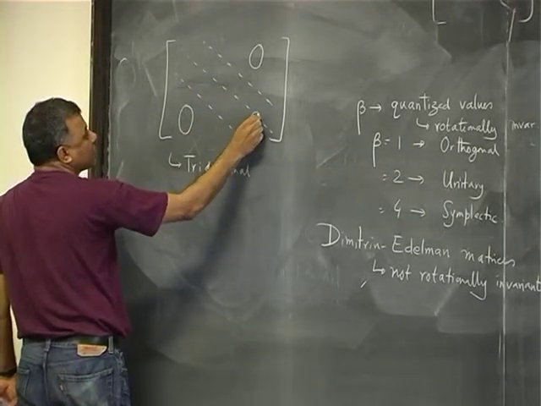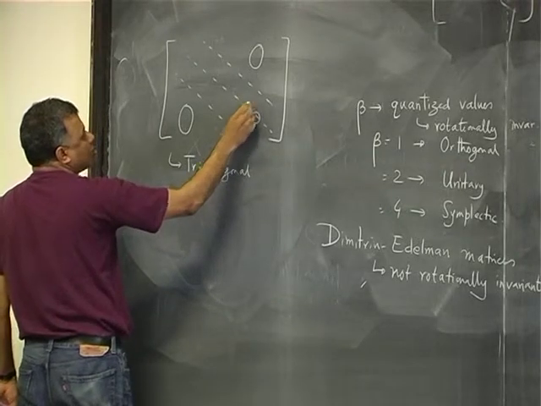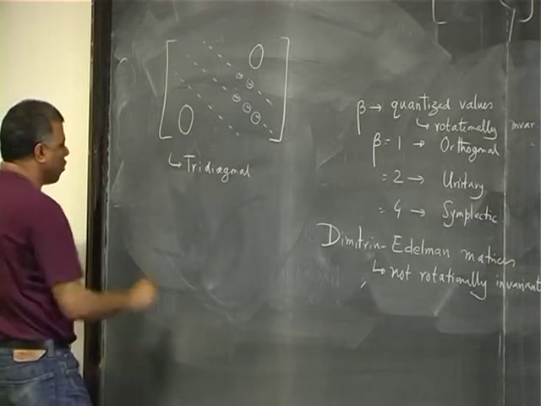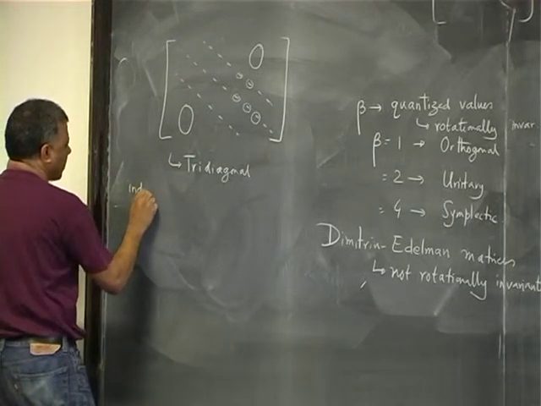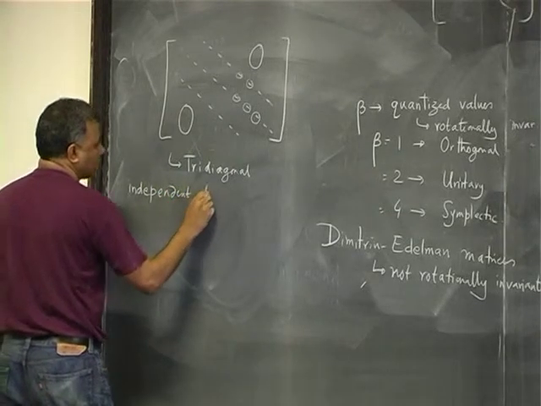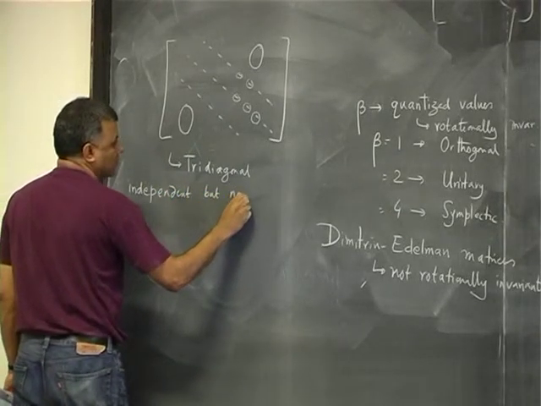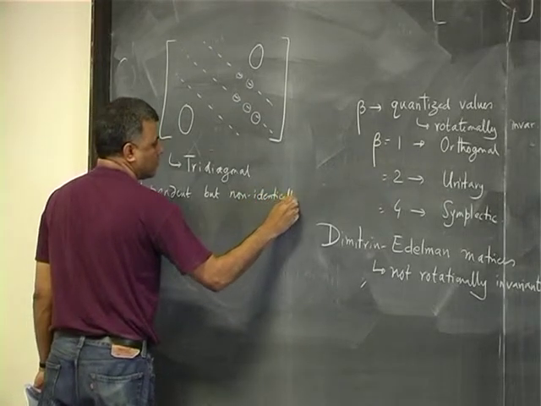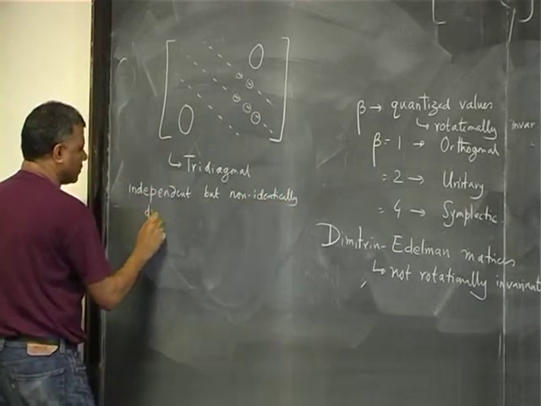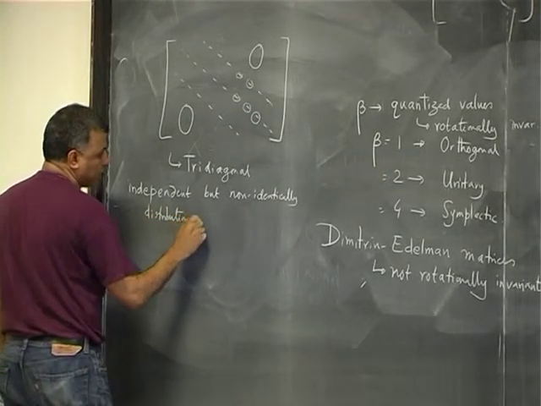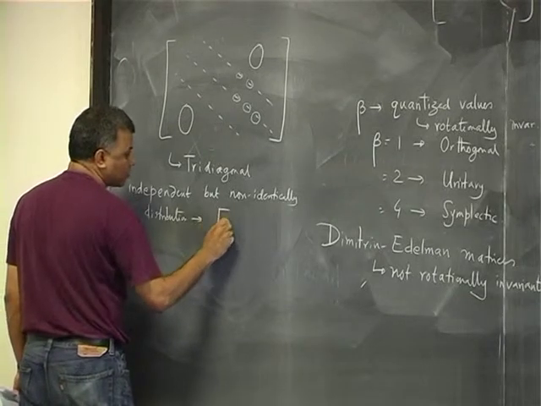The distribution of this one is different from that one, which is different from this one. So they're independent but non-identically distributed.